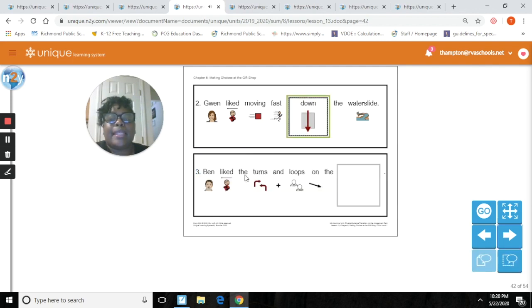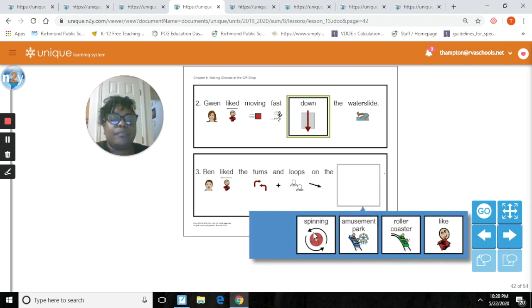Okay, so now Ben liked the turns and loops on the blank. Spinning, amusement park, roller coaster, like. Make a choice. If you look at my arrow, you see that we're going to the part of the story that talks about who? Ben, and what he liked.